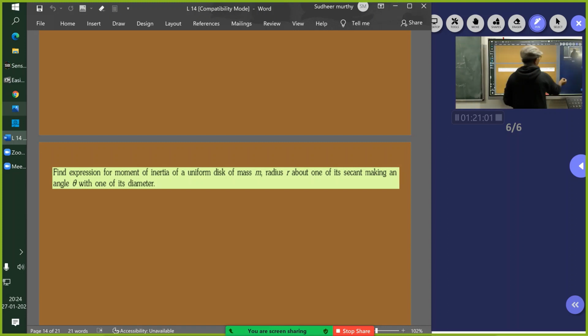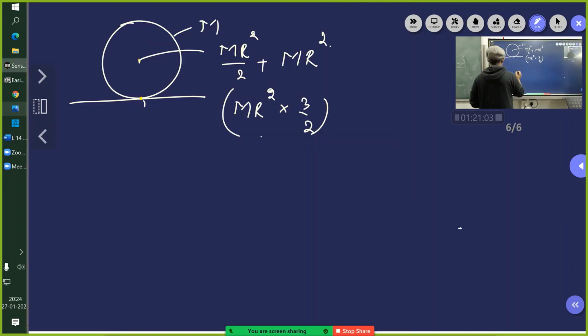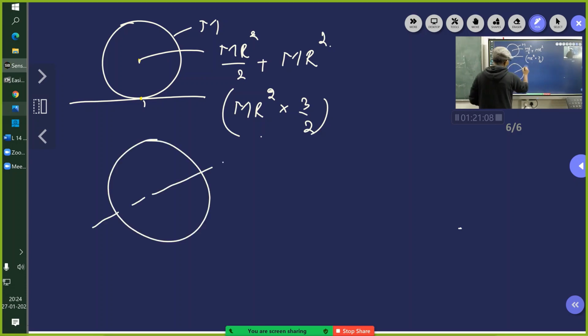So suppose all of you got what the secant is here. This is the diameter. So this is the disk, and now we are considering this secant, making an angle theta. So you have to find the moment of inertia about this.